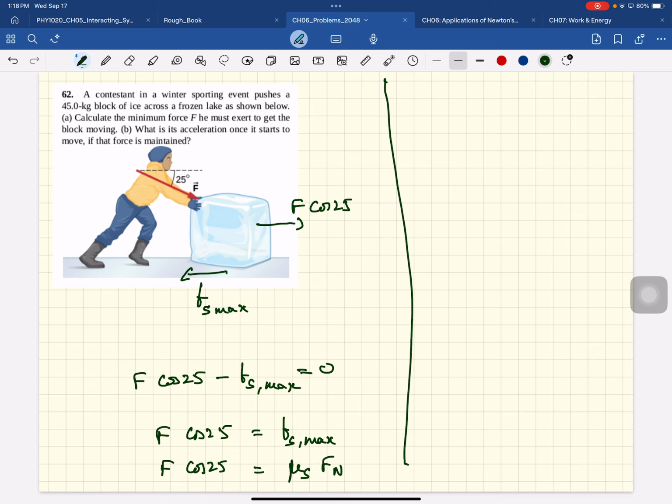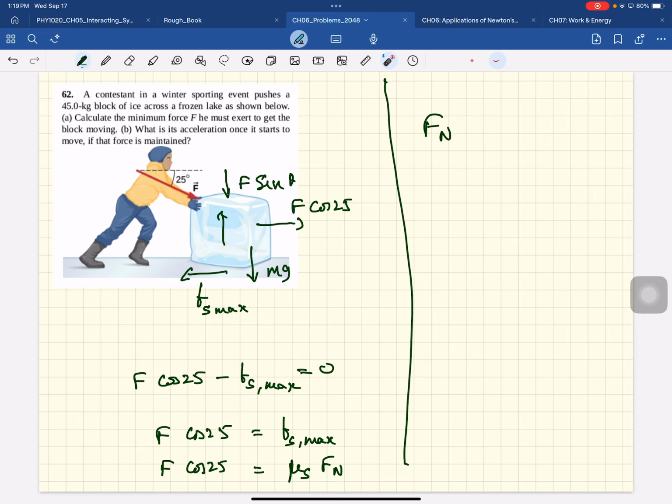And in this case, what is the normal force? There is mg and there is F sine theta, sine 25. I'll call it sine theta. So the normal force is balancing those two.